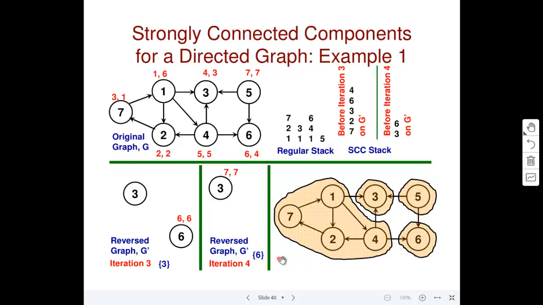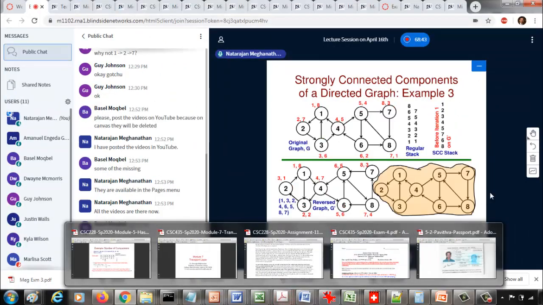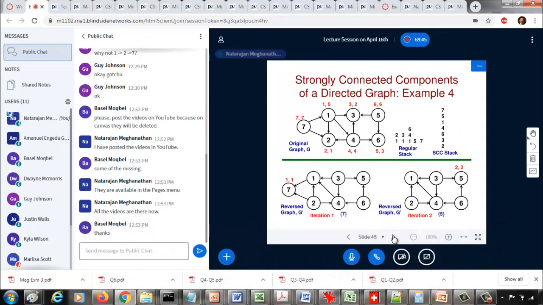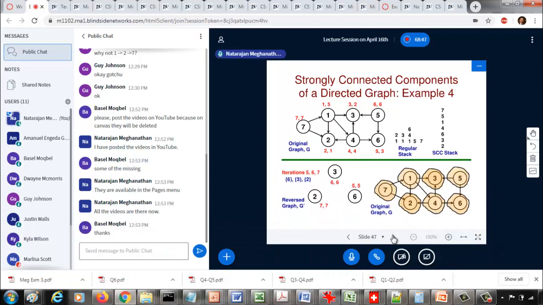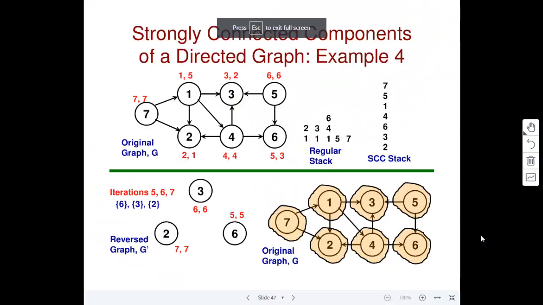On the other hand, if the given directed graph is a directed acyclic graph, you are going to have each vertex on its own strongly connected component, like we just had in the last example. So you see the contradicting thing. You can't have both. That means you cannot have a directed graph which is a directed acyclic graph as well as has a strongly connected component of size more than 1.